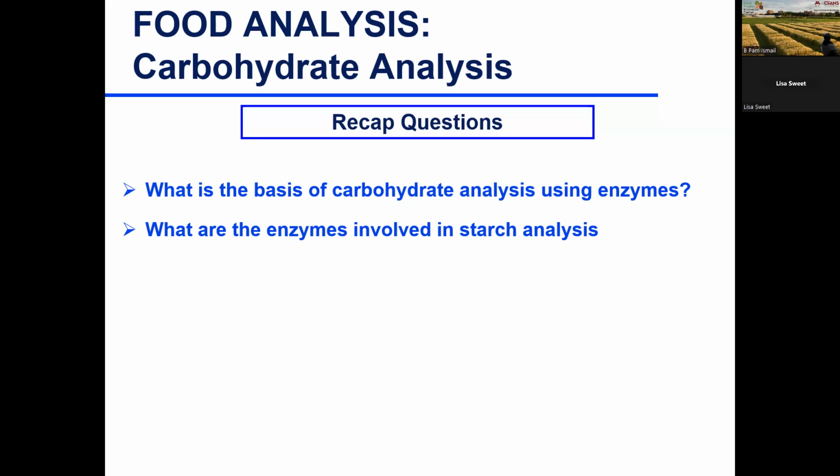So what I mean by basis is that at the end, you have a chromophore to measure the absorption and relate to the constituents using standard curves. Okay, so I asked the question, I answered it myself.